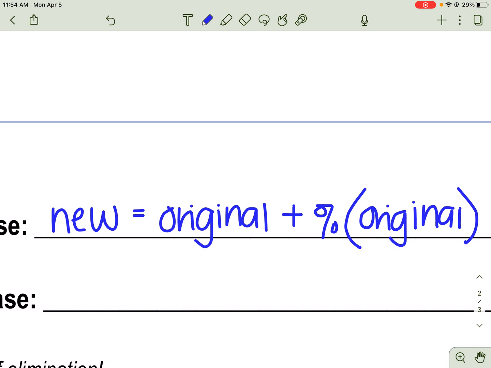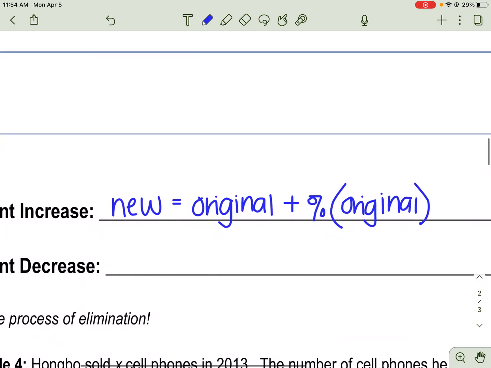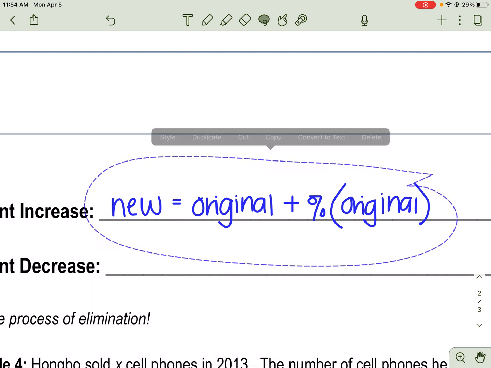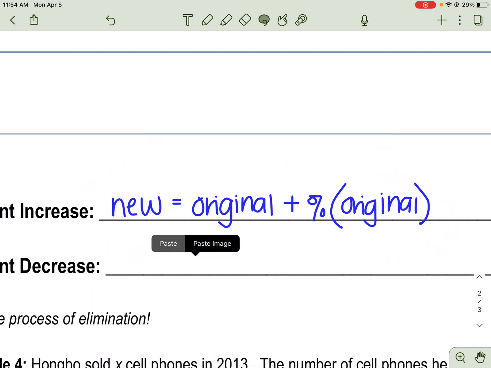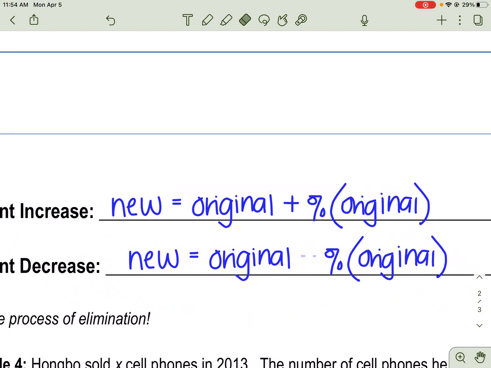Okay, so it's going up by, let's say, 8%. It would be 0.08 times the original price. Okay, we're adding that on because this is a percent increase. Okay, the percent decrease, you could probably guess, is going to be this exact same equation, except it's going to be the original minus the percent decrease times the original.